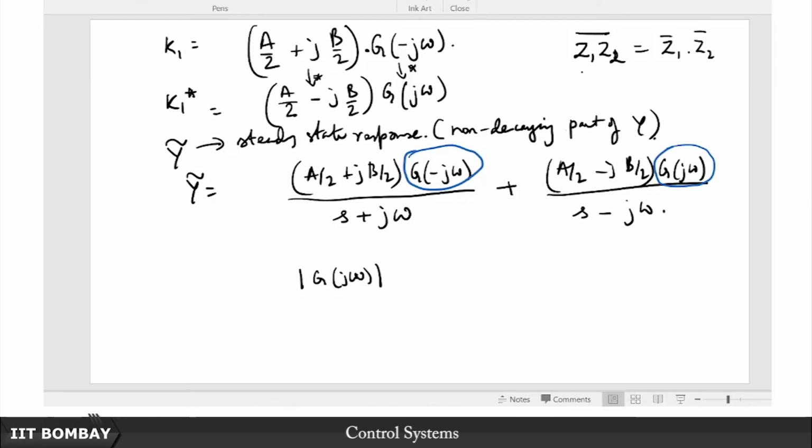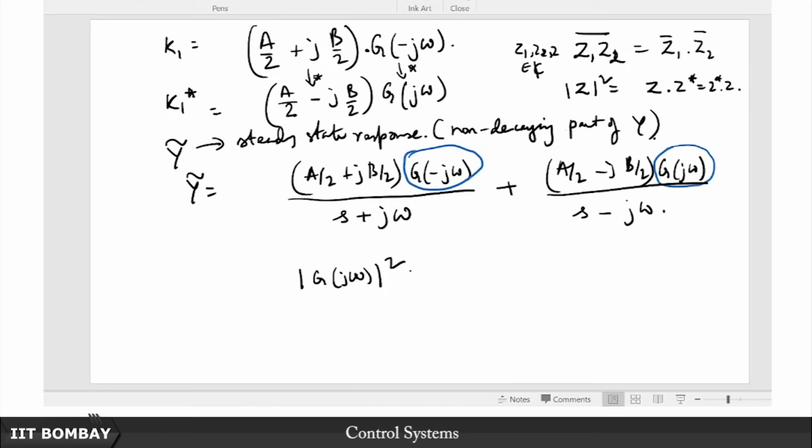If z is a complex number, then we know that the magnitude squared of z is nothing but z times z conjugate, which is equal to z conjugate times z.